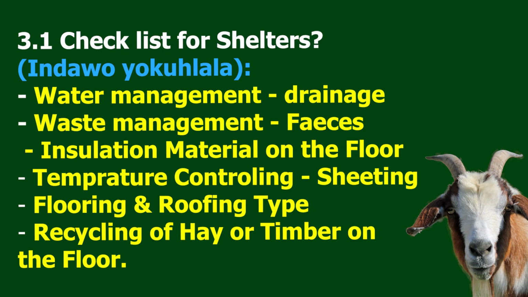Do you have an insulation material on the floor, which could be hay or anything that is soft that separates the animals from the flooring? The type of temperature controlling system with sheeting you are using in the room. What flooring or roof type are you using? Are you using recycled hay or timber on the floor to insulate your goats from the flooring that you have used?